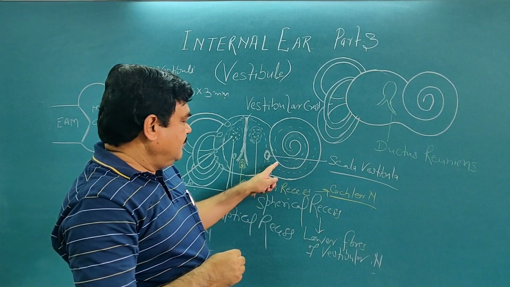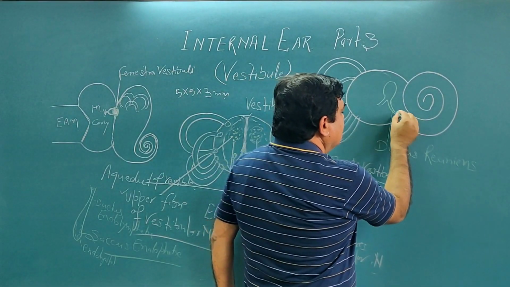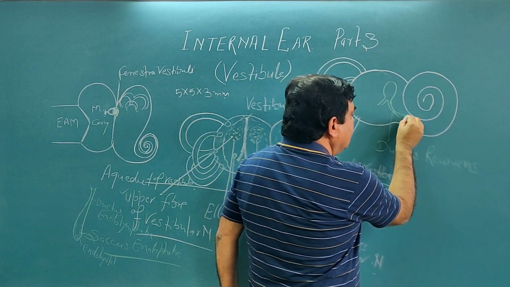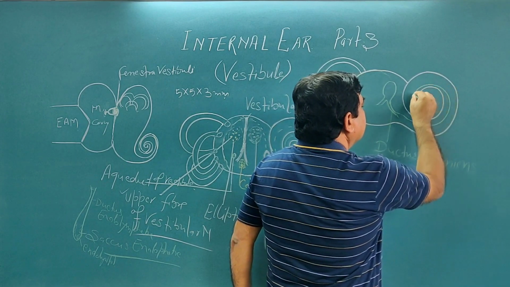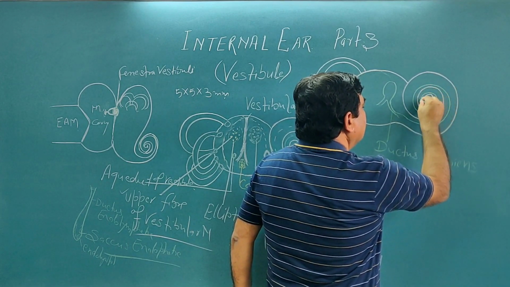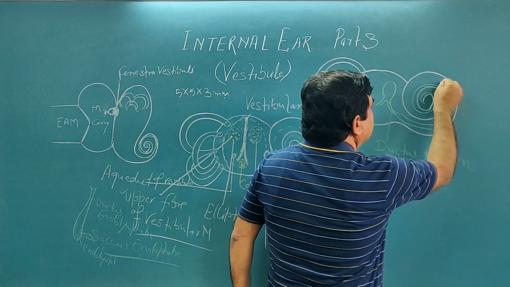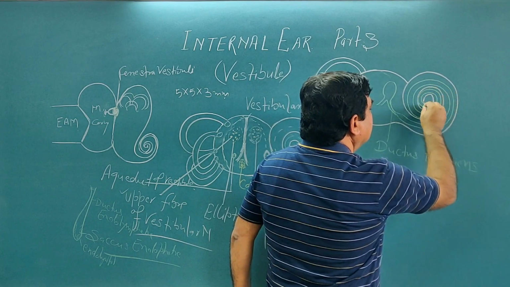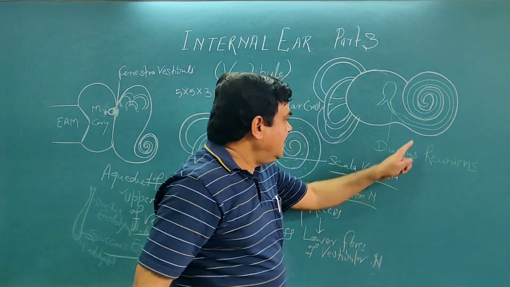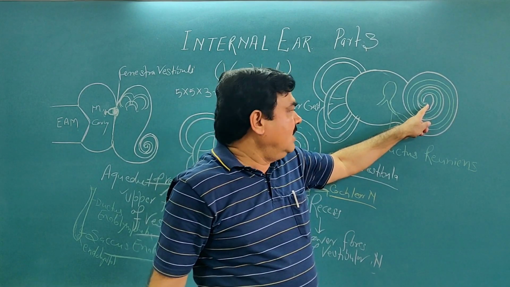Between scala vestibuli and scala tympani, there is the scala media, which is known as the cochlear duct. Here you know this is blind at the apex of the cochlea.